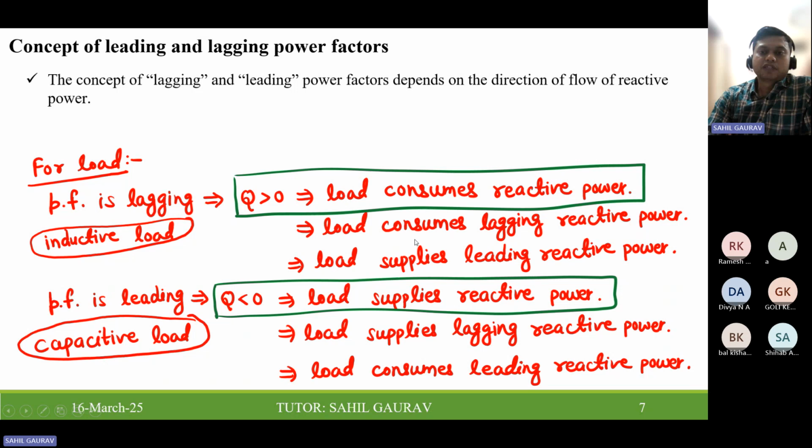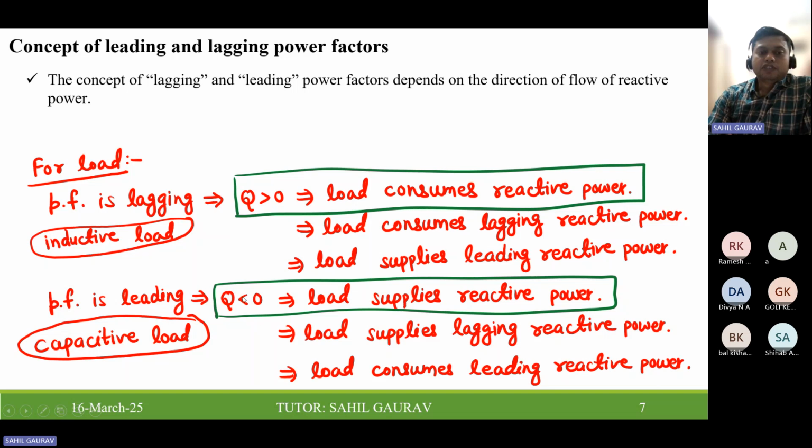Therefore, this load consumes lagging reactive power, and the opposite of lagging is leading. So you can also say that the load supplies leading reactive power. If anyone says the load is consuming lagging reactive power, then in contrary, you can also say that the load supplies leading reactive power.